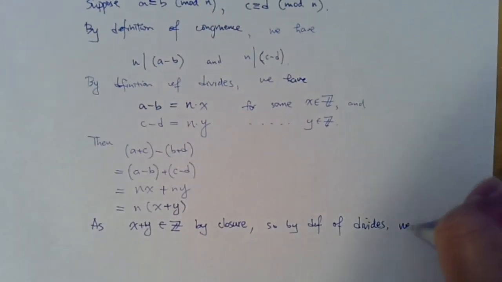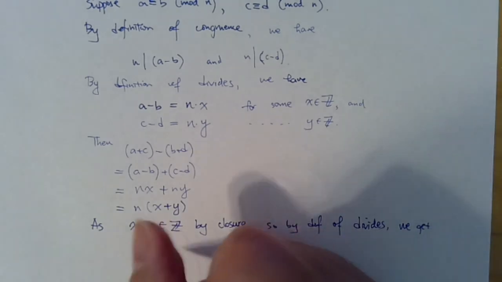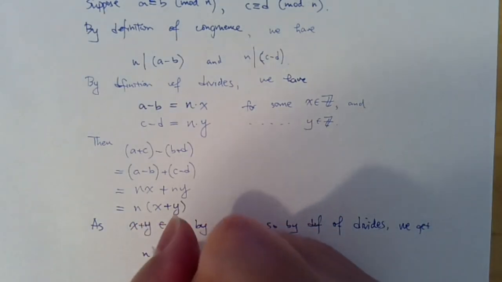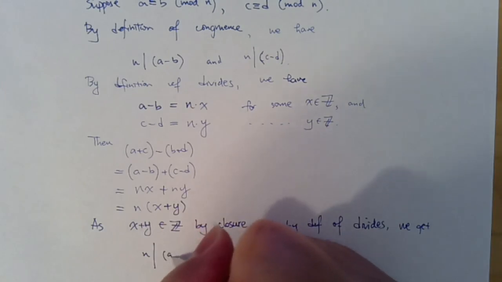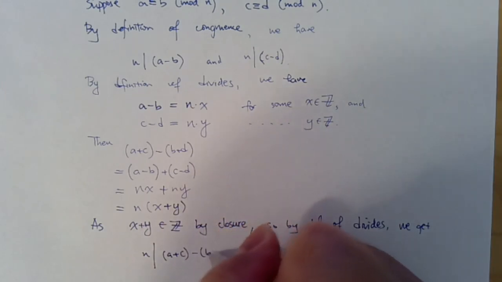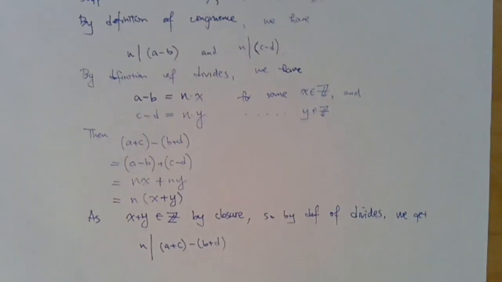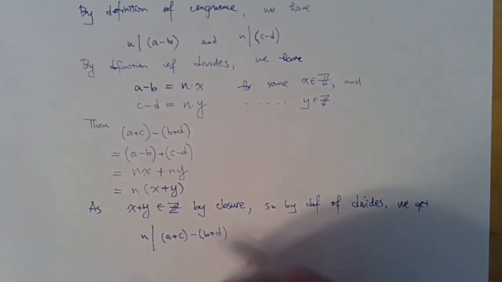we get that n divides a plus c minus b plus d, and then we can unroll this one more time.